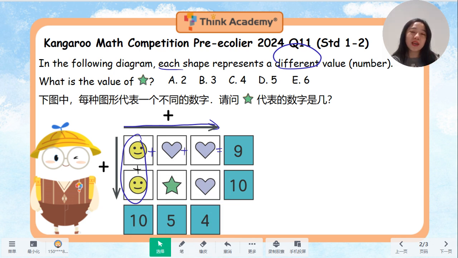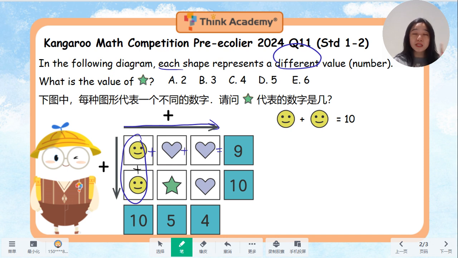So we can write it as an operation: 2 smiley faces add up to 10 and they're the same. So there is another piece of hidden information. The same shape represents the same number. If 2 same numbers add up to 10, what is 1 emoji?